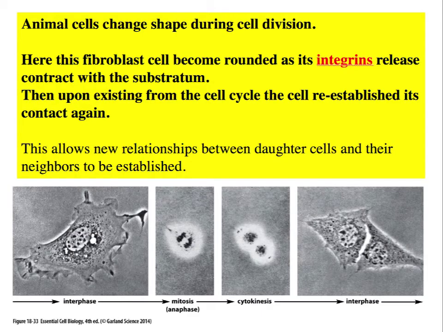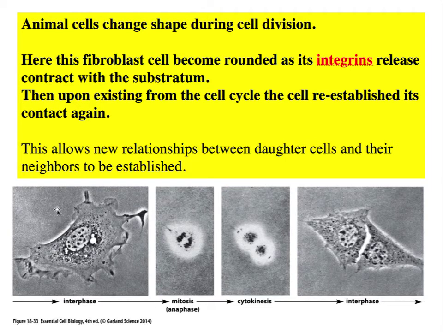One interesting and logical explanation that emerges from studying animal cells is that they change shape during mitosis. So here we have cells in interphase. These fibroblasts are flat and elongated, and they're stuck to the substratum, the surface on which they're growing.